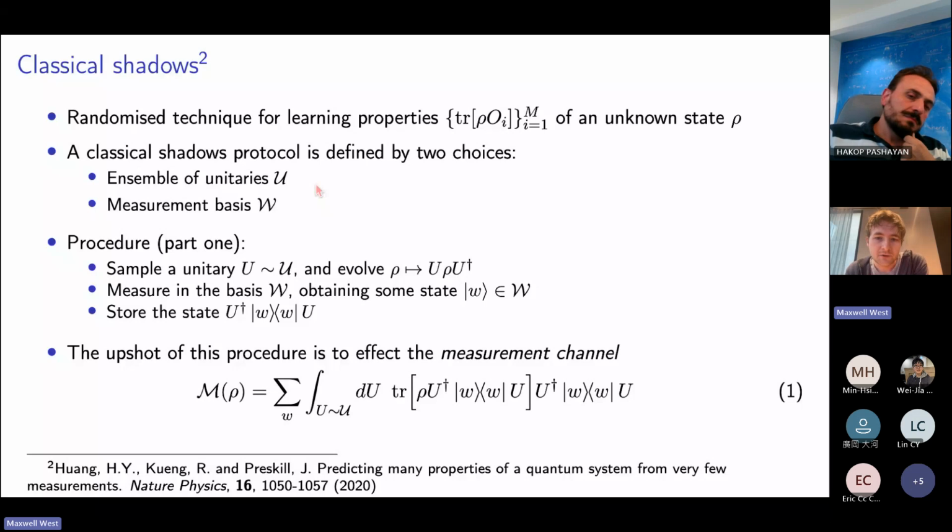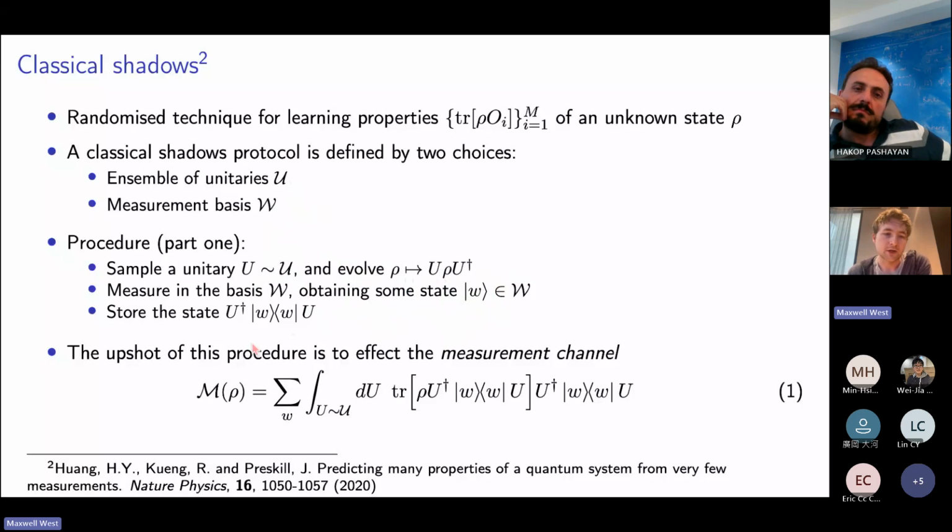Then there's a multi-part process where you take one copy of your state at a time, sample from your distribution of unitaries and evolve the state, getting U rho U dagger, and then you measure this state, which is going to randomly produce some W.